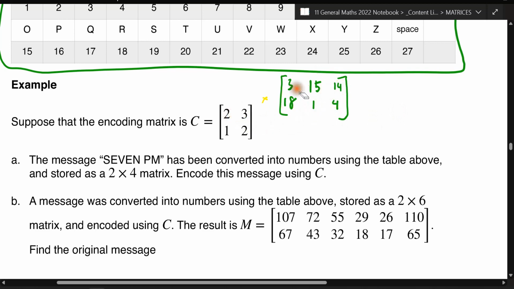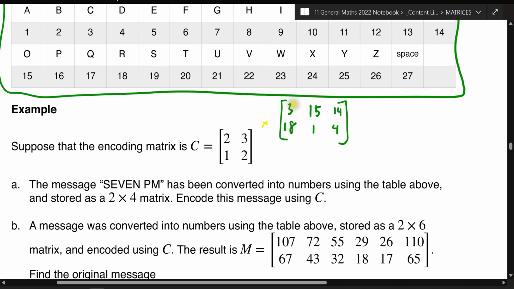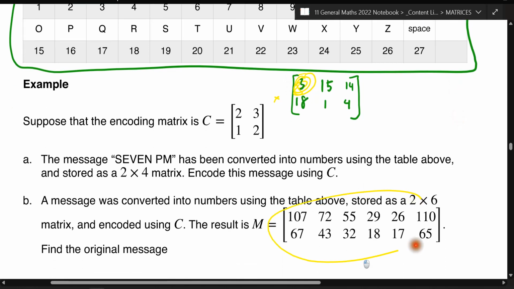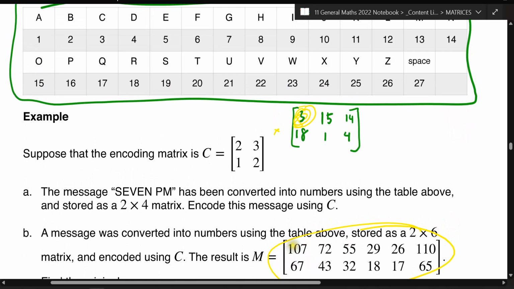No one's going to know what the original numbers are, they're going to be so mixed up. For example, this one's going to be 2 by 3 is 6, and then 3 by 18 is a big number. Basically, it's a number that's greater than 27. So if I was to encode it, you'd have some crazy numbers like this. And it'd be impossible for anybody to try and decipher the message, because none of these numbers exist in this table here. Okay, so that's the point of encoding.